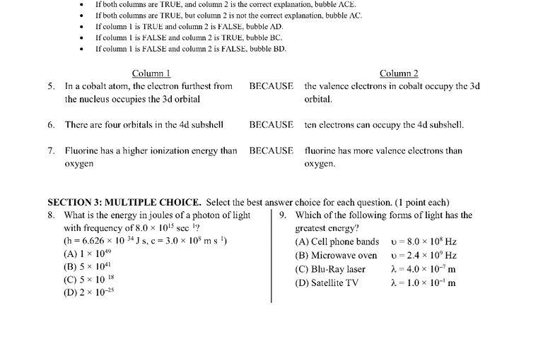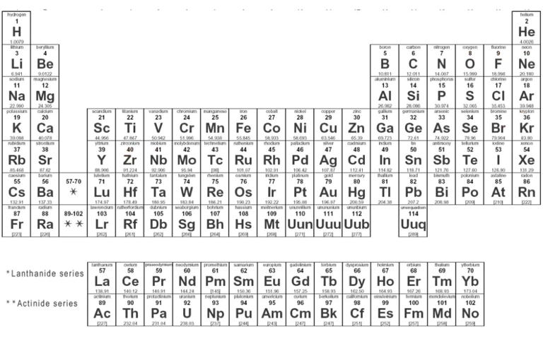Okay, so here in a cobalt atom, the electron furthest from the nucleus is the 3d, and the valence electrons occupy the 3d. Well, we really have to go back and look at the periodic table. Here's cobalt. So cobalt's going to be 1s2, 2s2, 2p6, 3s2, 3p6, 4s2, 3d7.